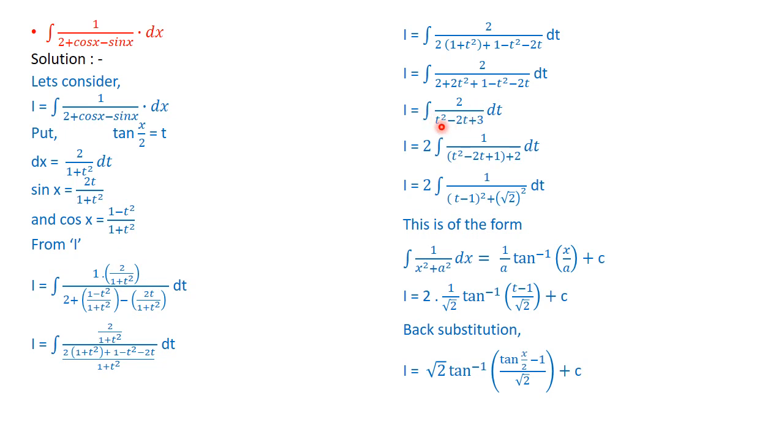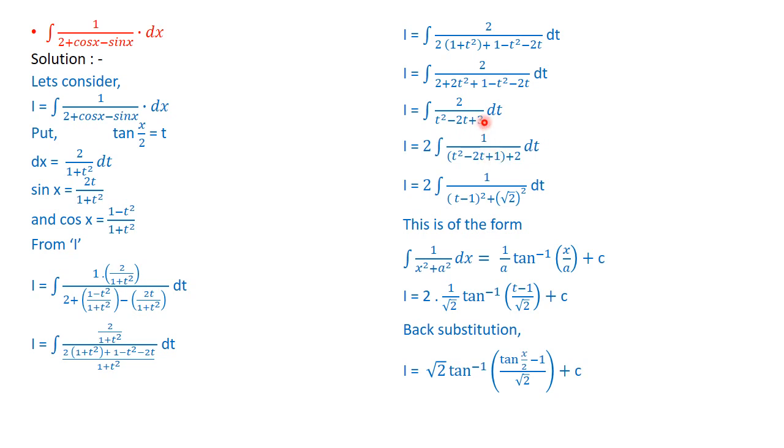Now after adding and subtracting the third term, or factorizing it, 3 can be written as 2 plus 1, and to reduce this term to a perfect square form we need 1.